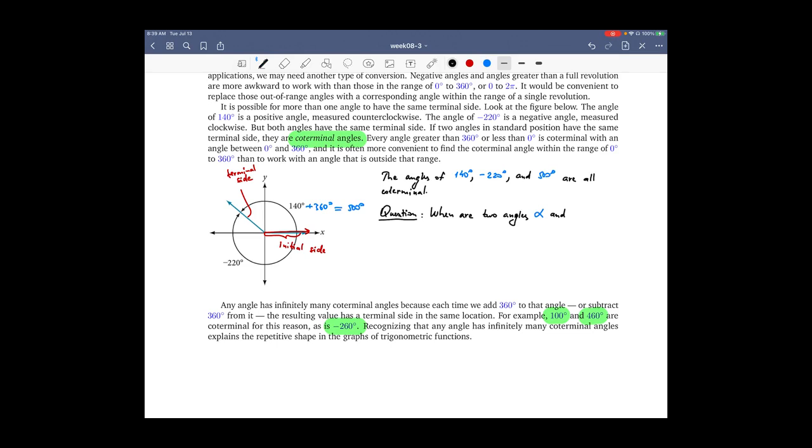It's common to name angles using Greek letters. When are two angles, alpha and beta, given by their degree measurements, coterminal?